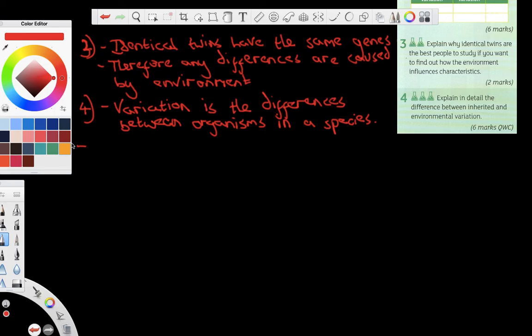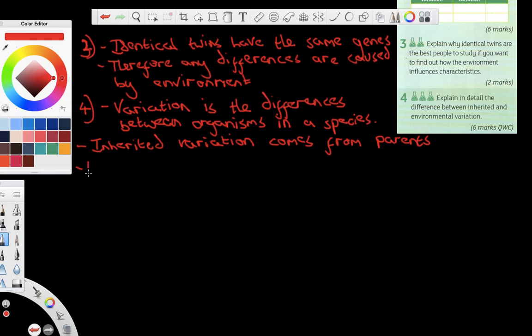You then needed to say that inherited variation comes from your parents. If you then gave some examples of inherited variation, you get a third mark.